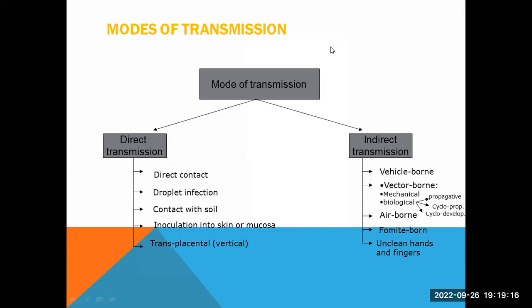It's a mechanical pathway. But for the biological, the vectors harbor the pathogens within their own body. So that's the difference between a mechanical and a biological vector-borne. And then we have the airborne, and another example is the fomite-borne. So these are the two major modes of transmission of the infection.